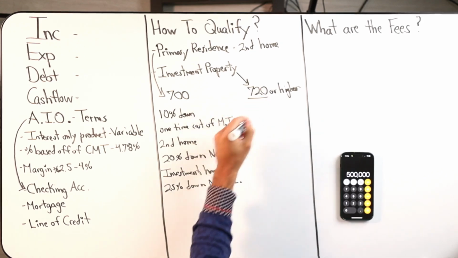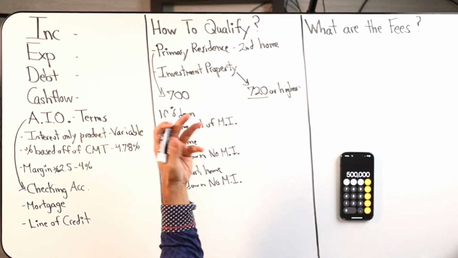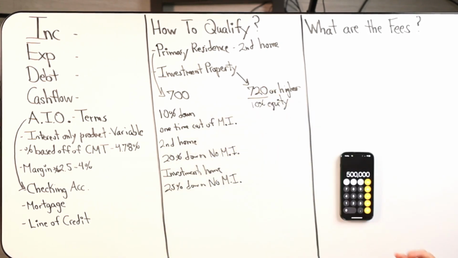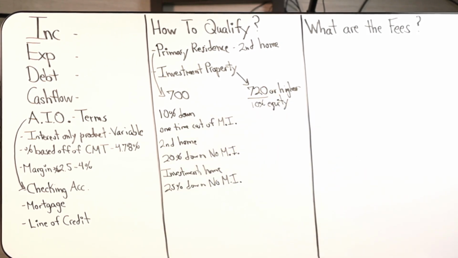Got it. If you have only 10% available equity, that's required. Correct. So if you take 500,000 and multiply it by 90%, you're going to be at a $450,000 loan amount. And depending on that individual's credit score, if it's on the higher tiered end, their one-time mortgage insurance cost is going to be slightly higher than a 0.5% one-time fee.